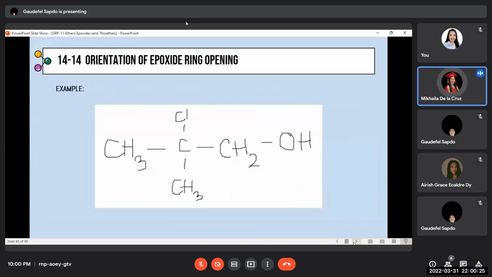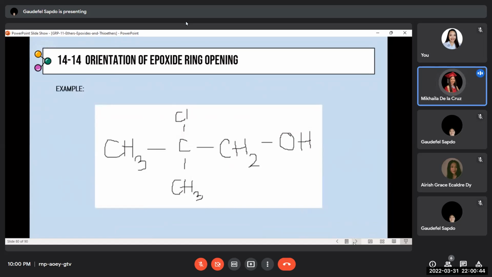So this will now be our expected product. As you can see, our fluorine is attached to the second carbon, which is our tertiary carbon from earlier, because that is where it attacked. You also notice that we have broken the triangle in our structure.